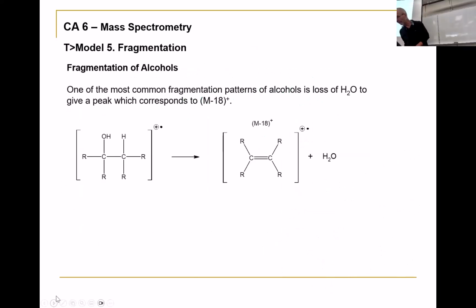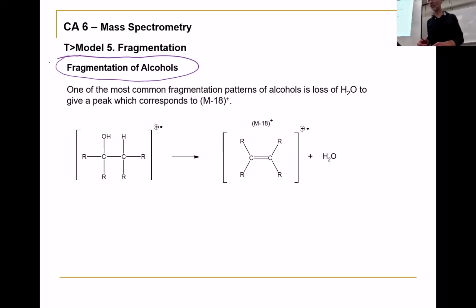So I'm looking at fragmentation of alcohols, and I realized just a minute ago I was saying, well, heteroatoms and the alpha cleavage. But what I'm about to show you is somewhat unique to alcohols. And in this case, I'm not so interested in you knowing about how it happens, but to recognize the pattern. So I start with the radical cation on the left, and you can see I'm just using R groups to represent the alcohol.